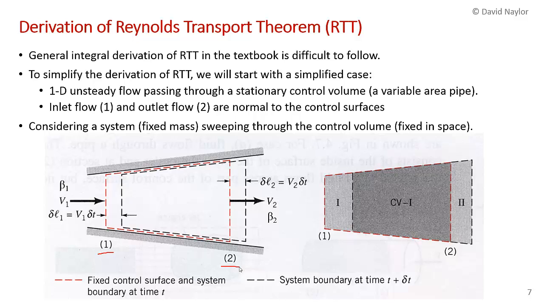At time 0, or time t if you like, the system is coincident with the control volume, and a moment later, a little increment delta t, it's been swept to the right. It's carrying in intensive property beta 1 at cross-section 1, and it's carrying out property beta 2 at cross-section 2.